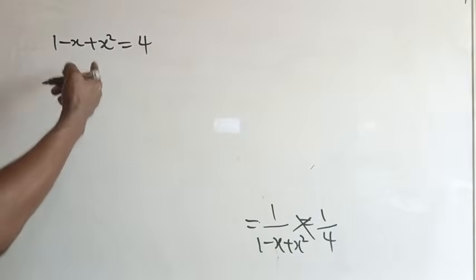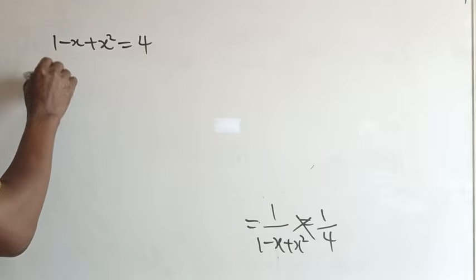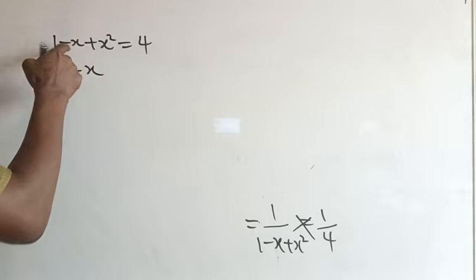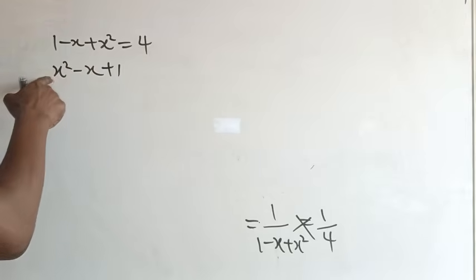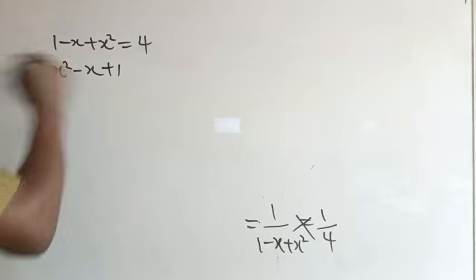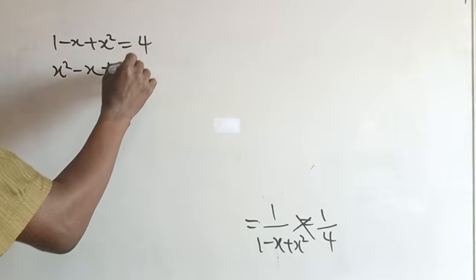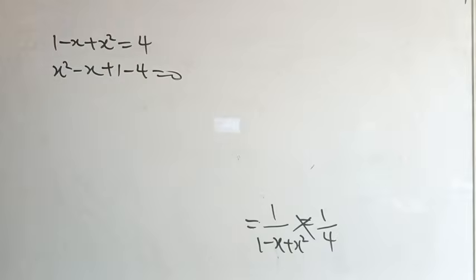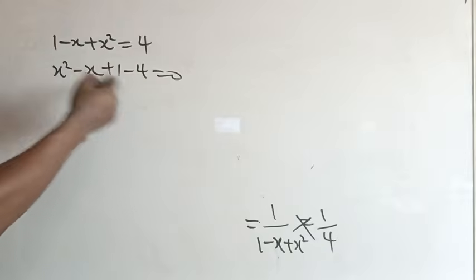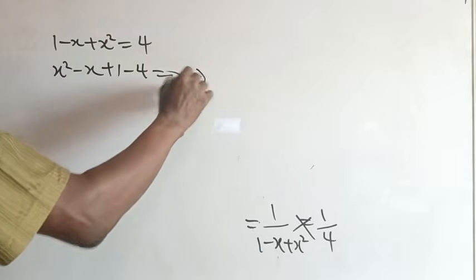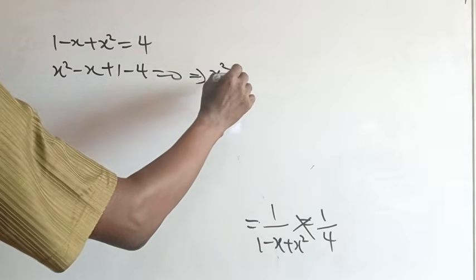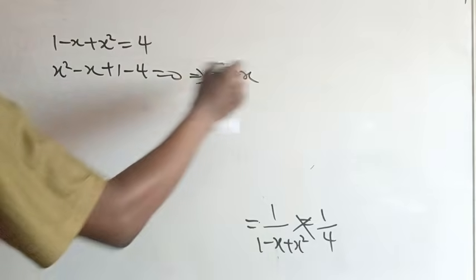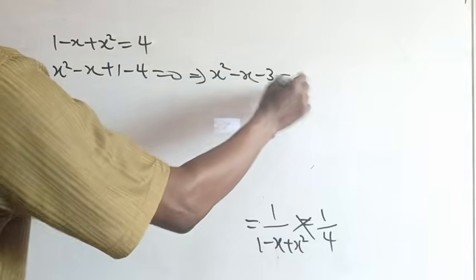Fine. So this can be written as x squared minus x plus 1, because this is plus minus, we are just writing it. Then bring this one here, minus 4 equals 0, because when it comes here, it becomes minus. So this leads to x squared minus x minus 3 equals 0.